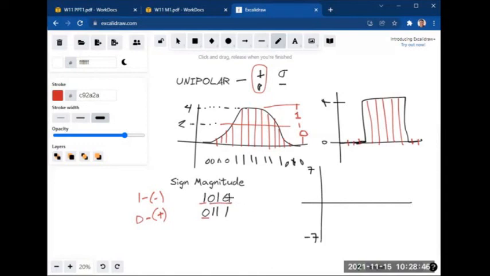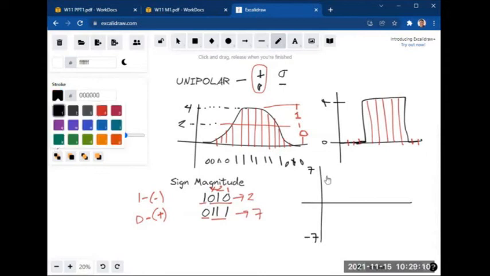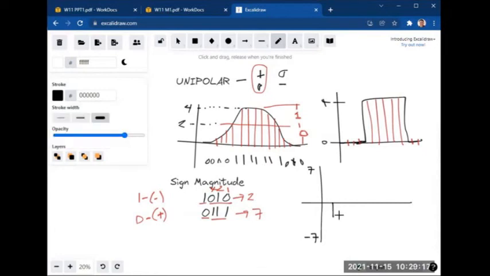So since this is 0, 1, 0, this will be equal to 2, right? 1, 2, and 4. Okay. In the case of 0, 1, 1, 1, the magnitude will be equal to 7: 4 plus 2 plus 1. This will be positive. This will be negative. So 1, 0, 1, 0 will be equal to negative 2. Okay. So this is negative 2.